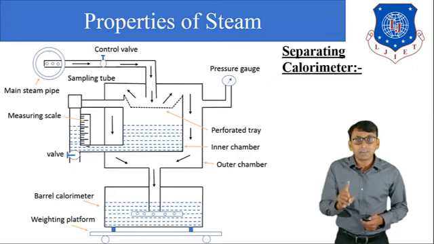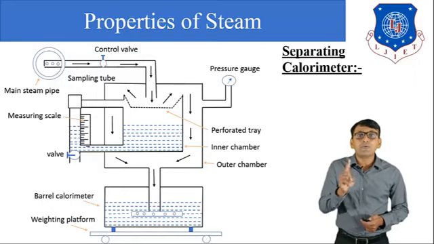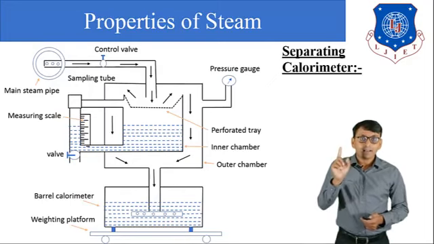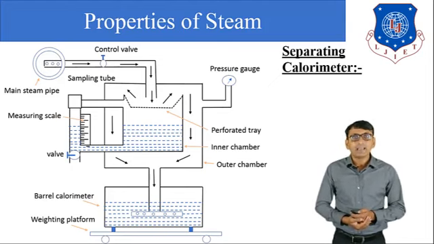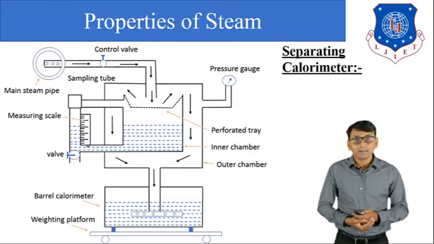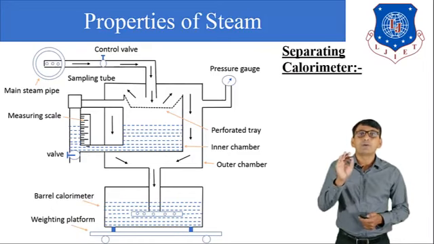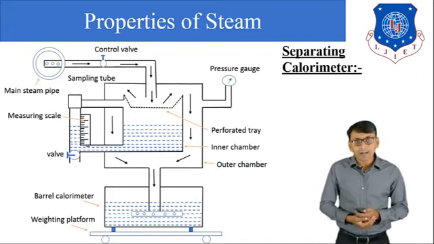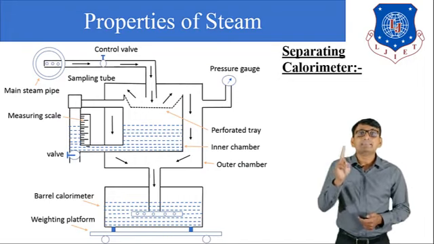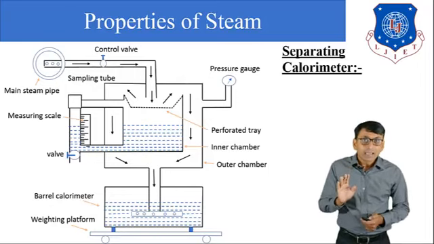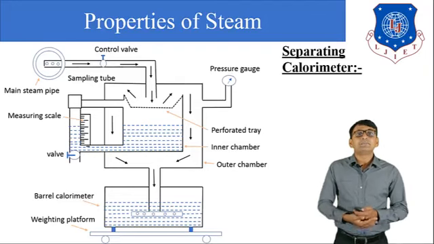Then this wet steam strikes the perforated tray, and by centrifugal force and inertia of the water droplets, water particles separate from the steam due to the strike on the perforated tray. The water particles from the wet steam are collected in the inner chamber, and the remaining steam is transferred into the barrel calorimeter.